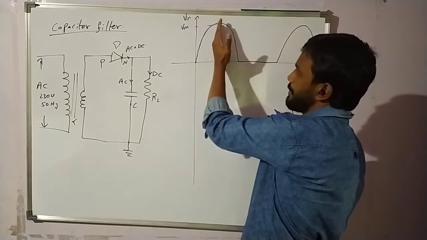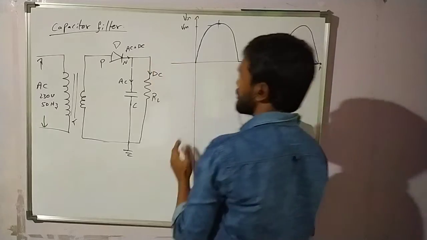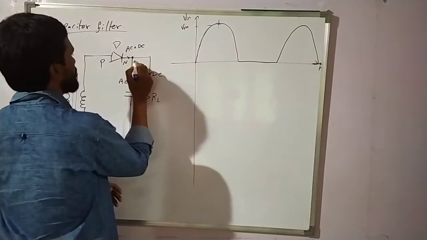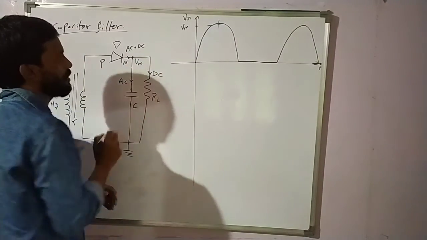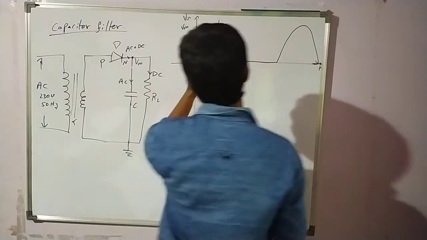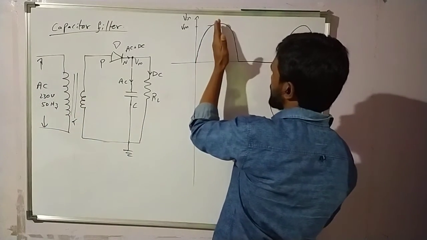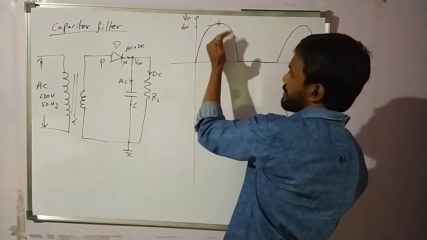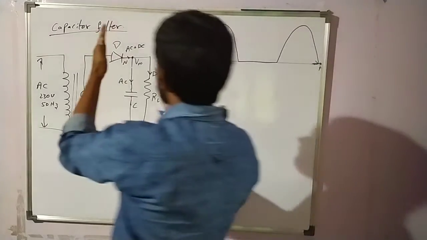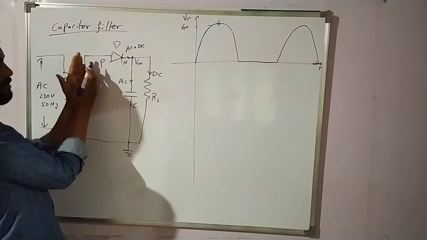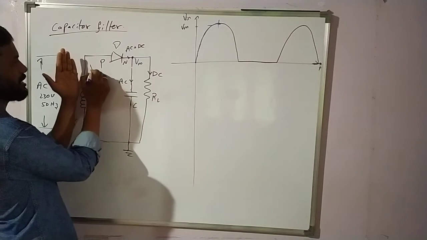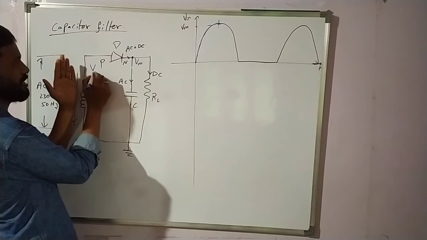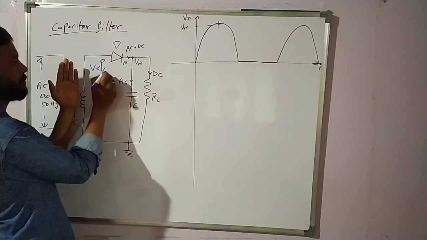Once it reaches peak voltage, the capacitor voltage reaches Vm. Now you see what happens. Once it reaches Vm, the signal voltage will reduce. See, it is decreasing. Now the supply is decreasing. The supply is less at the P side, and this voltage V is lesser than Vm.